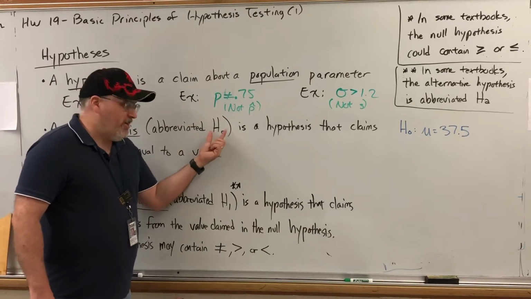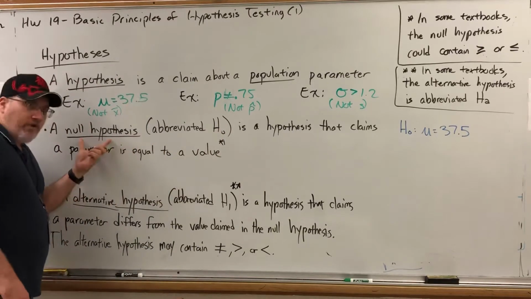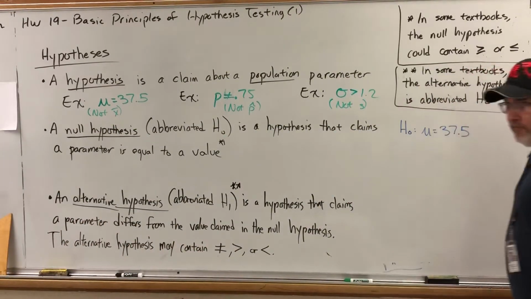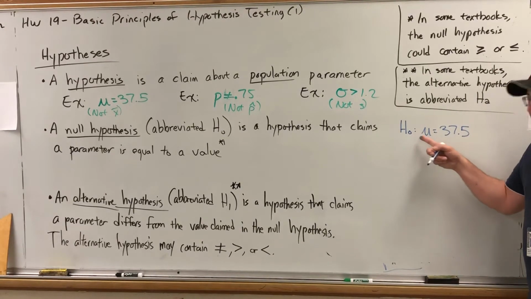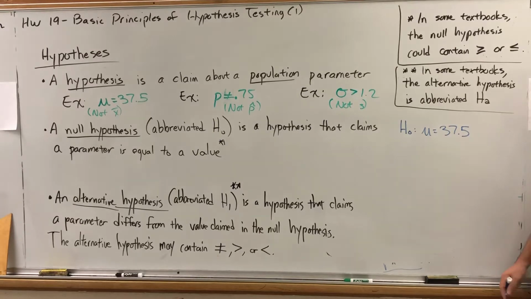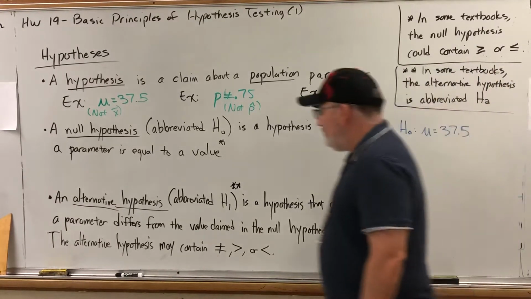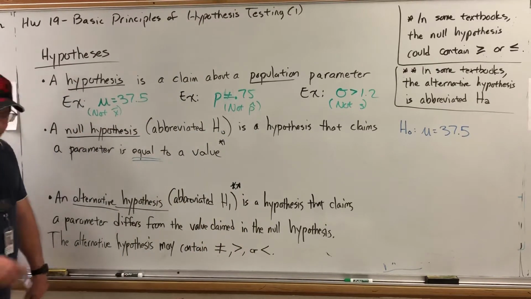You never say H0 equals something. It is simply an abbreviation for the phrase null hypothesis. And again, the correct notation for writing a null hypothesis is to say H0 colon, then write your claim about the population, provided that claim says equals. So null hypothesis always, always, always includes an equal sign.